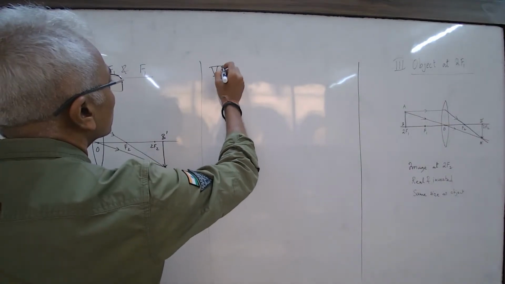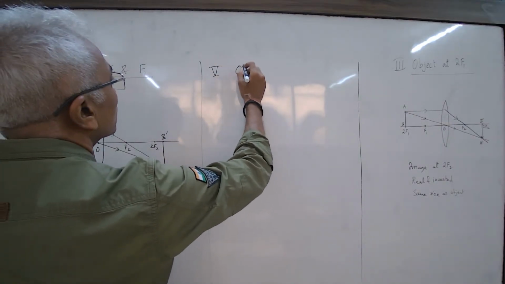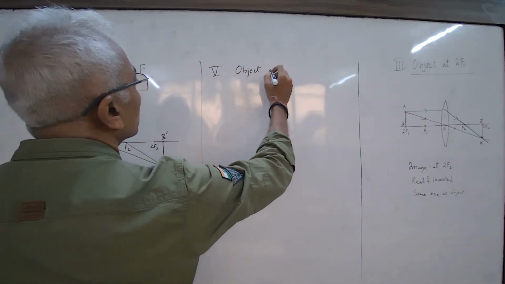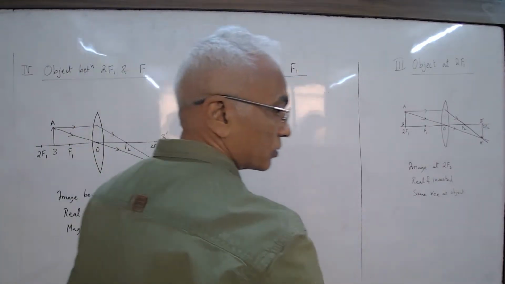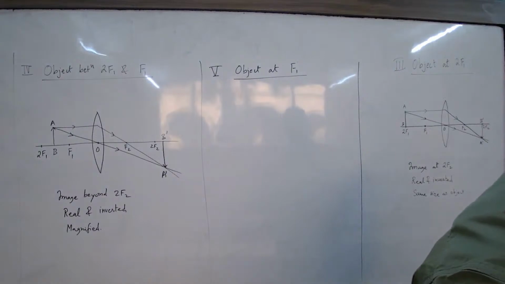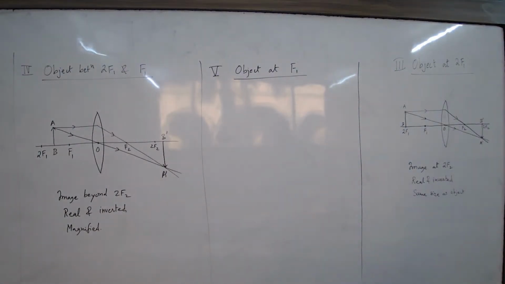Fifth position, object at F1. So what should happen? The object is at F1. It will be the opposite of the first case.